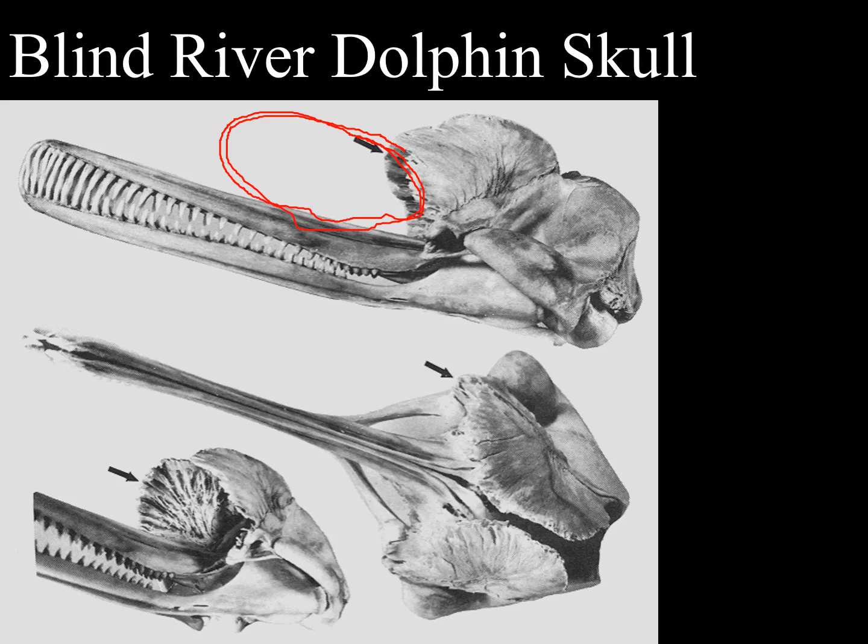And then echolocation is listening to the echoes. When the sound you just generated bounces off something and comes back to you, you can tell how big that object is, how far away it is, and how it's moving relative to you. So you can get a lot of information about what's going on around you using this technique.